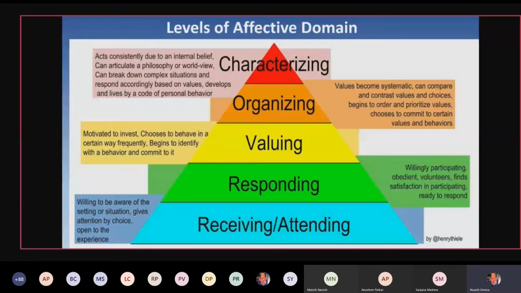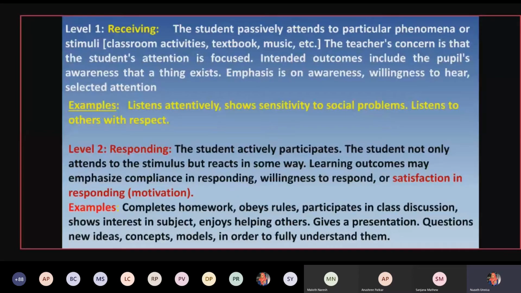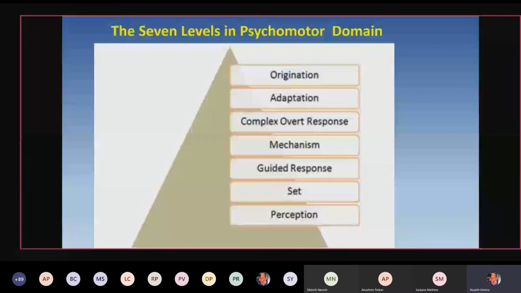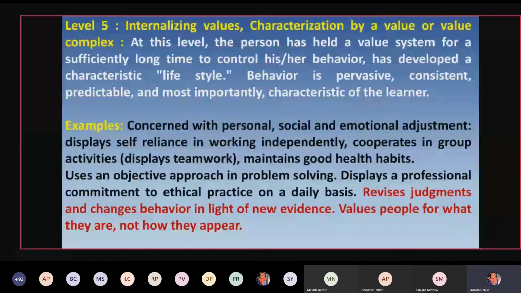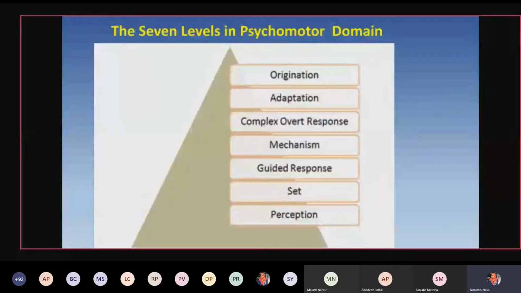And then the highest level is characterizing, which will have an impact directly on the learner's lifestyle. So these are the 5 levels of affective domain, which are related to emotions of the students. And then we can say they are directly related to the feelings, values, motivation, attitude of the student, and appreciation, we can say. So that's all about affective domain.